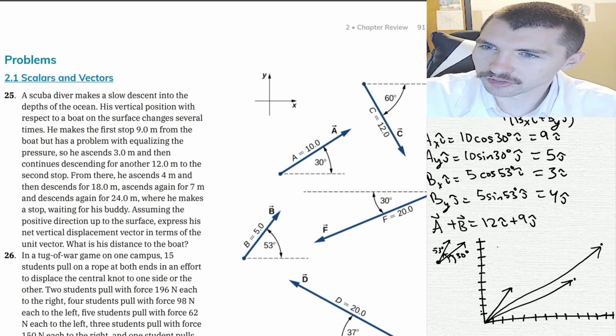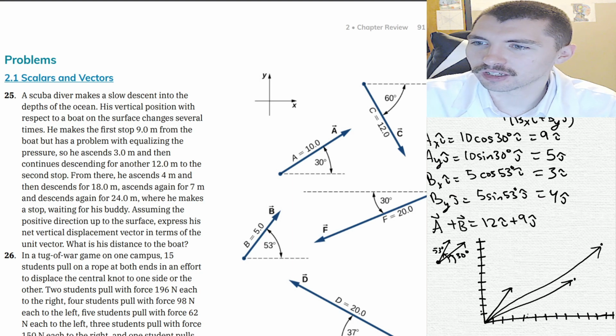So the angle might just be 23. I don't know. Okay, so how would we calculate this angle here? We would take the x component, which is 12.